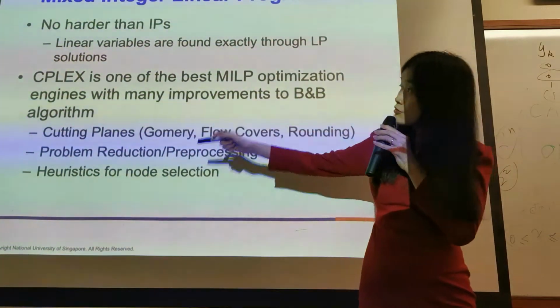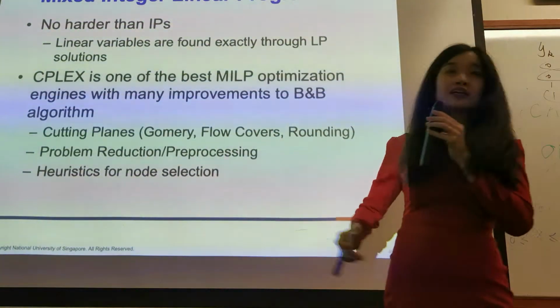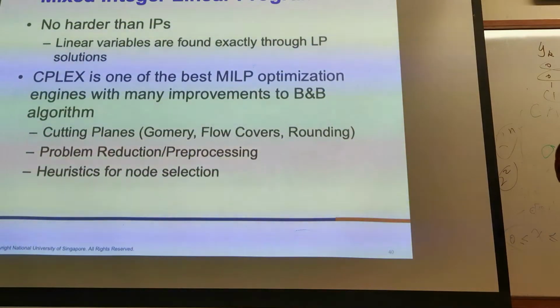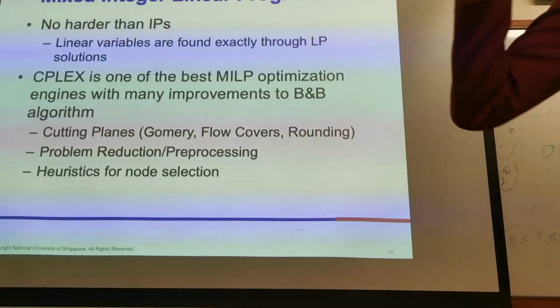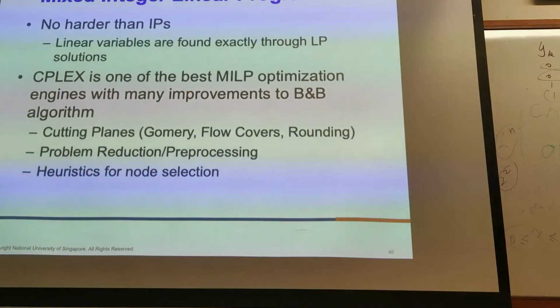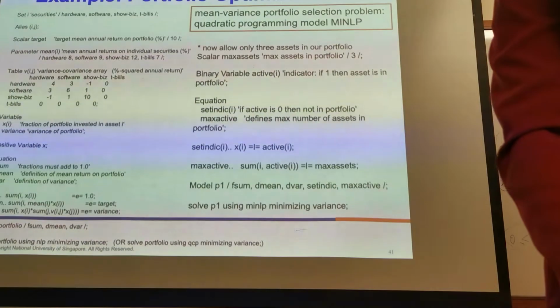If you just want to use software, simplex is the most powerful one to solve integer programming now. Most of the time it gives the best performance. Of course it's not as good for MINLP. So if you are interested, try to develop something for MINLP, that will be very powerful.